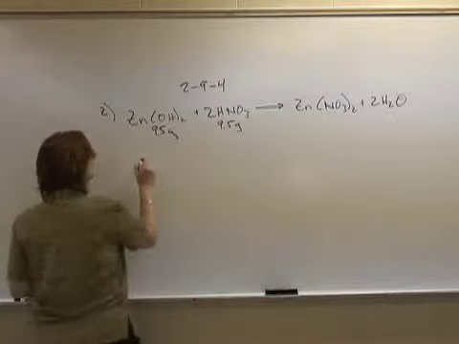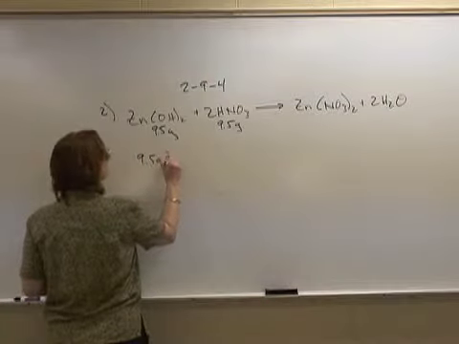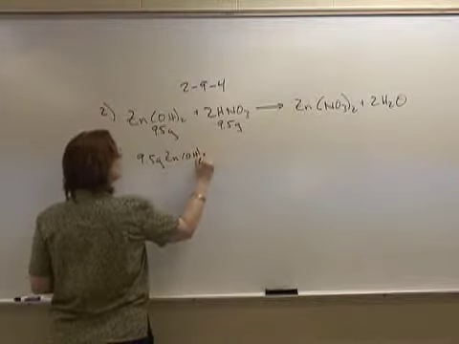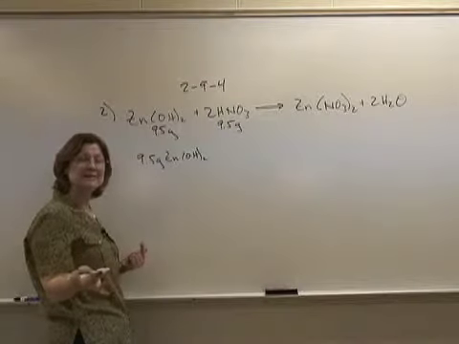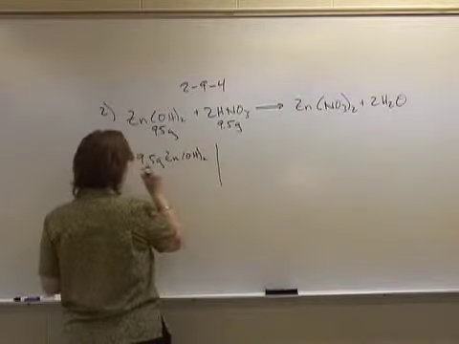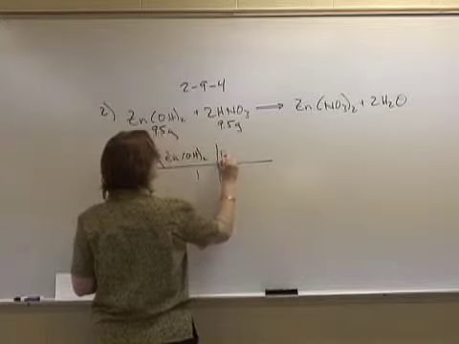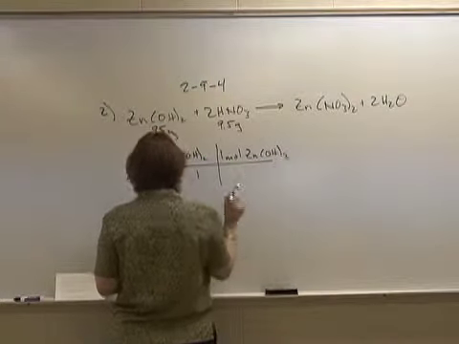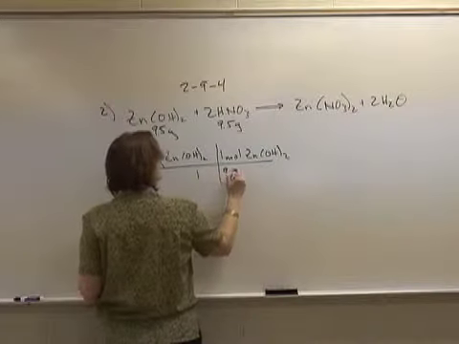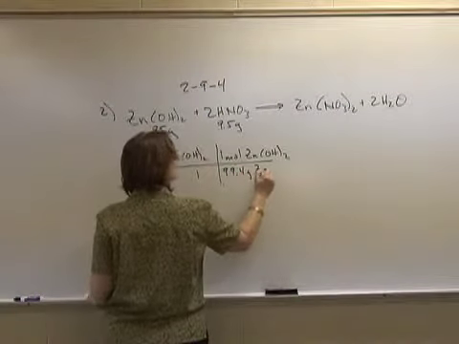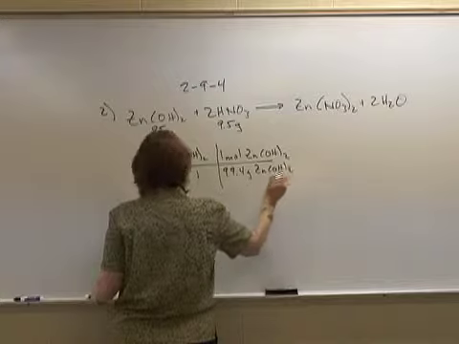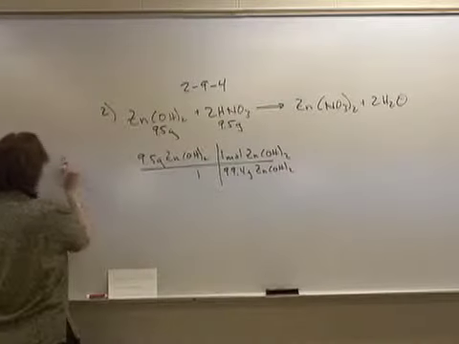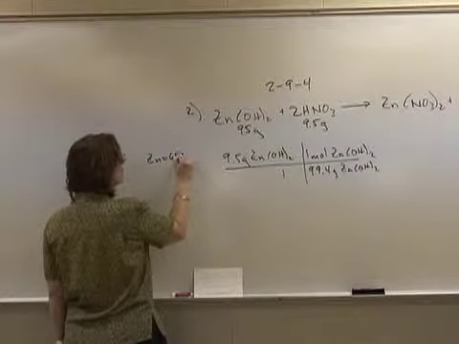So first I'm going to take my 9.5 grams of my zinc hydroxide, and I'm just going to follow through mass. I take the mass of my known and I change it to moles. And 1 mole of zinc hydroxide has a mass of 99.4 grams of zinc hydroxide. And the way that I got that is that zinc has a mass of 65.4.